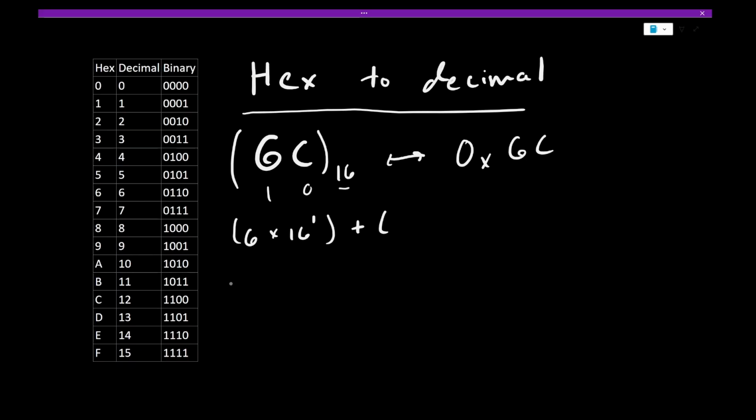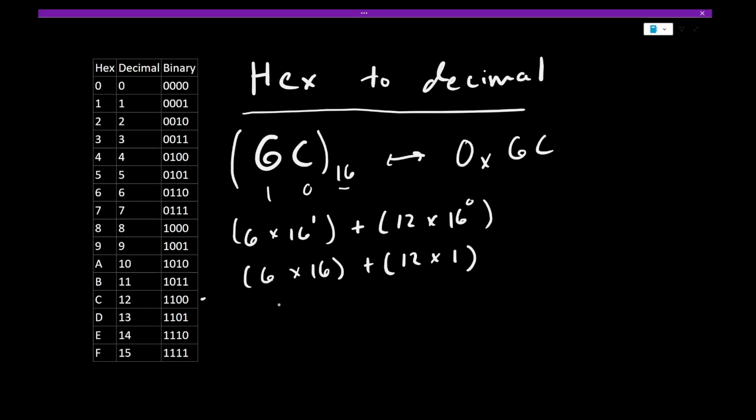Let's look over our table and find C. And C is 12. So 12 times base 16 to the power of column 0, so power of 0. And then I think we all see how we're going to simplify this. 6 times 16 to the power of 1 is 6 times 16, plus 12 times 16 to the power of 0 is just 12 times 1.